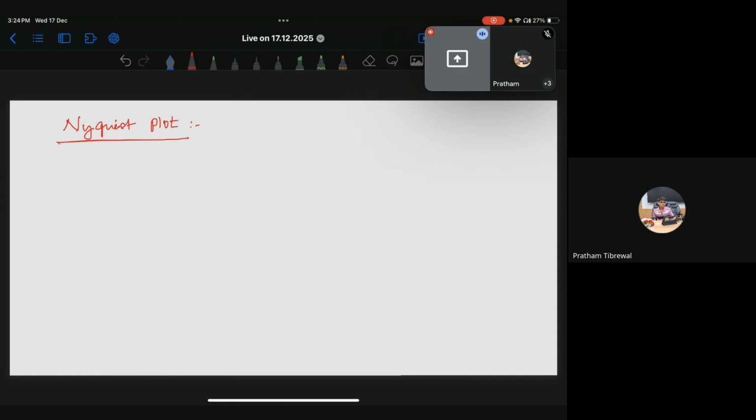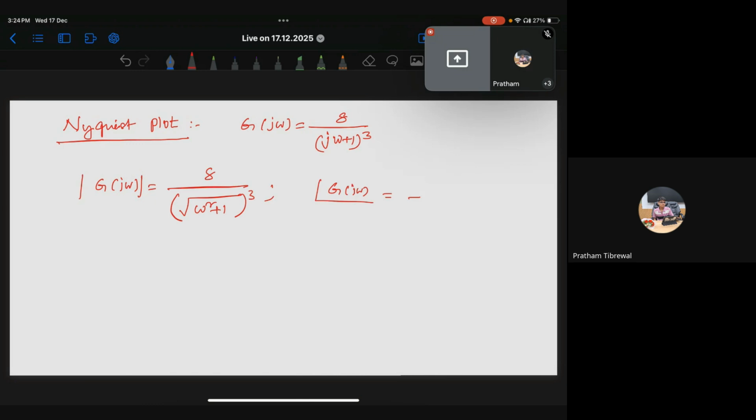Nyquist plot. We have G of j omega as 8 by (j omega plus 1) whole cube. The modulus of G of j omega is 8 by root over (omega square plus 1) whole cube. Next, the angle of G of j omega is minus 3 tan inverse omega. Correct?